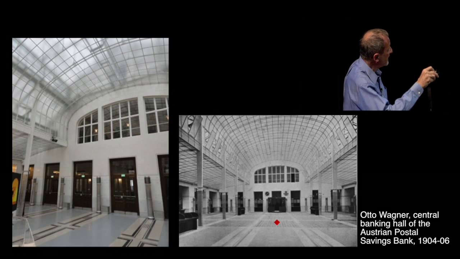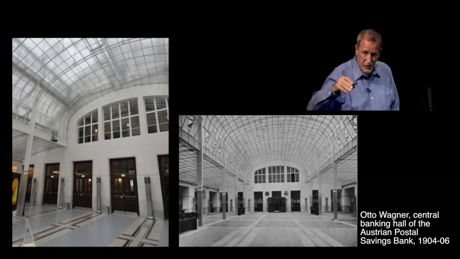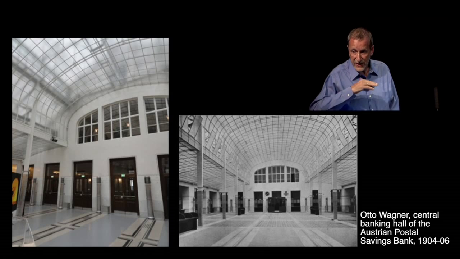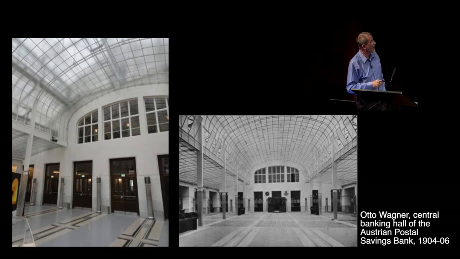And then in the center, these are glass bricks so that the daylight can go two floors deep down to the mail distribution offices and the safety deposit boxes. The color scheme is gray, black, and white, and silver. And when you're in this space, it's not cold, the atmosphere is warm.